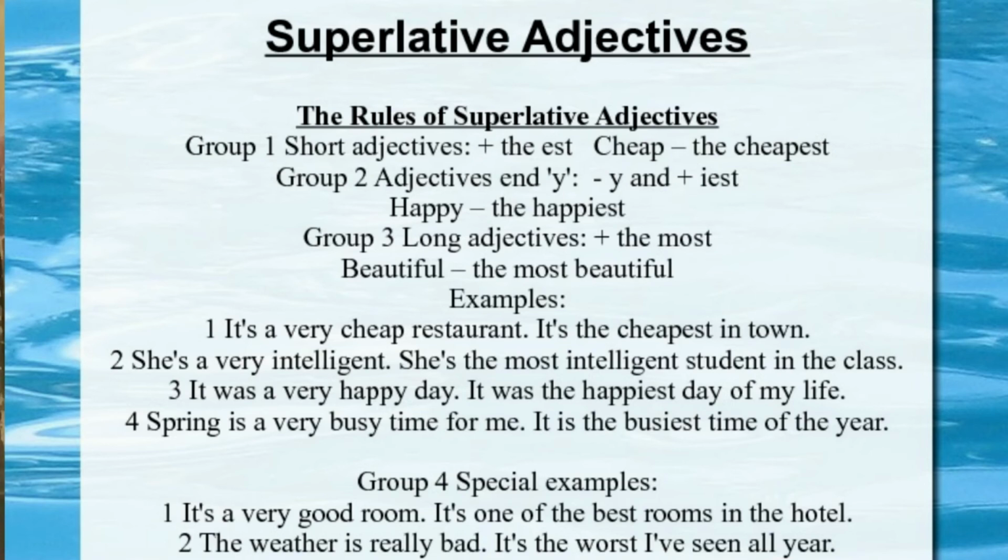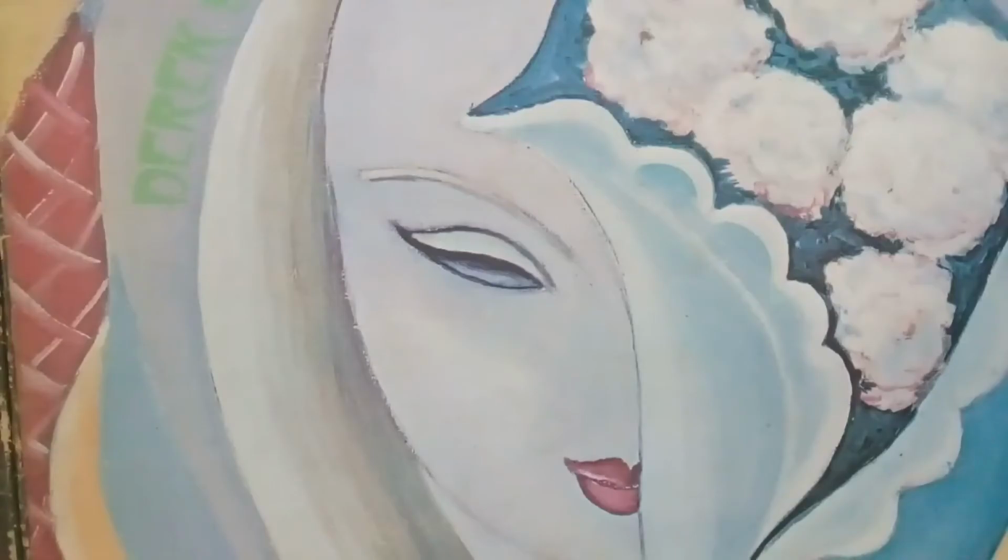So if we have the adjective bad, the superlative adjective becomes the worst. And for example number 2, good, the superlative adjective becomes the best.